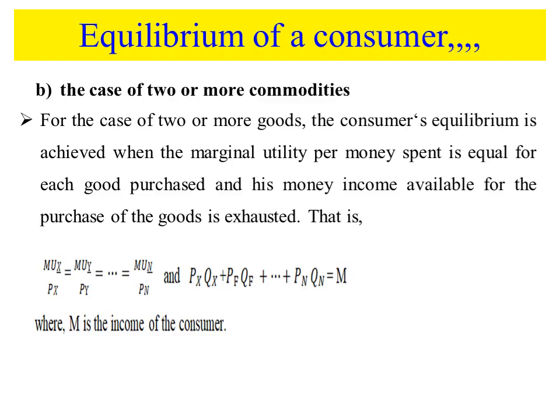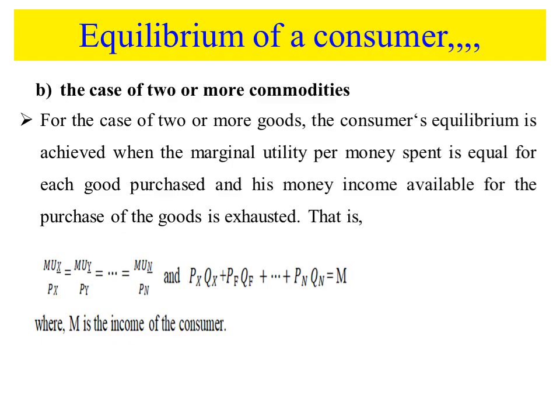Let us take banana. Marginal utility of banana over price of banana equals marginal utility of orange over price of orange. You have to purchase the combination of two products by comparing with your budget constraint.